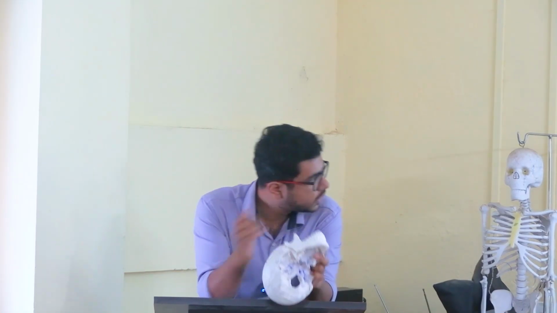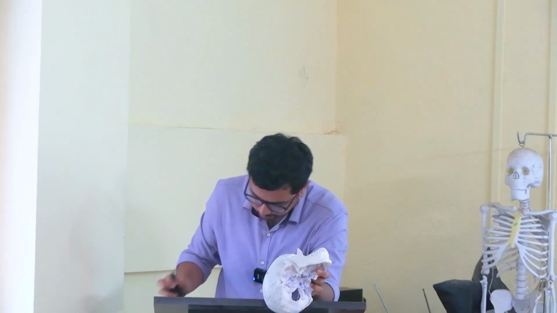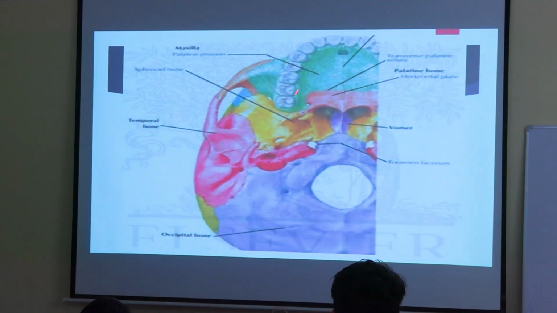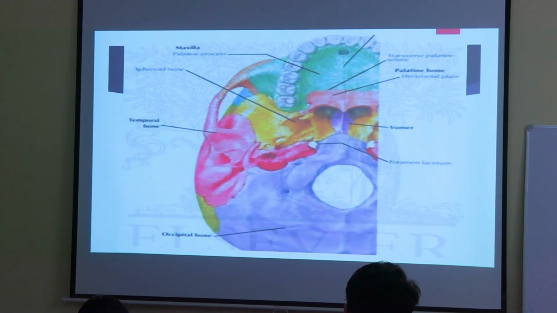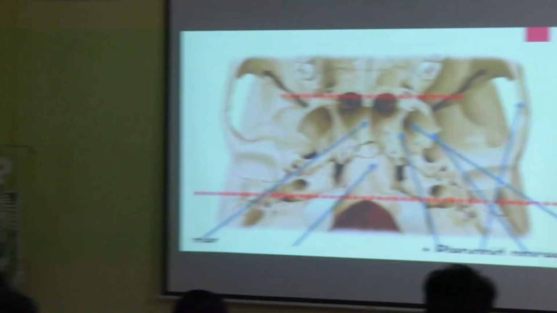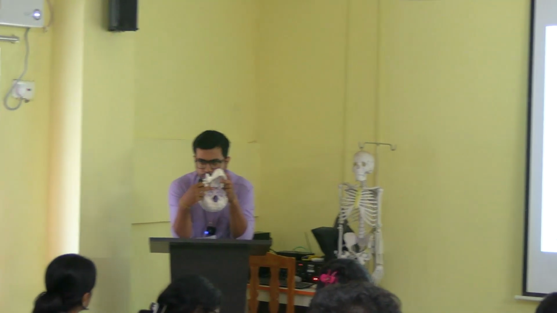See, this is the hard palate, and this is the posterior free margin of the hard palate. So one line is a transverse imaginary line passing through this posterior free margin of the hard palate.